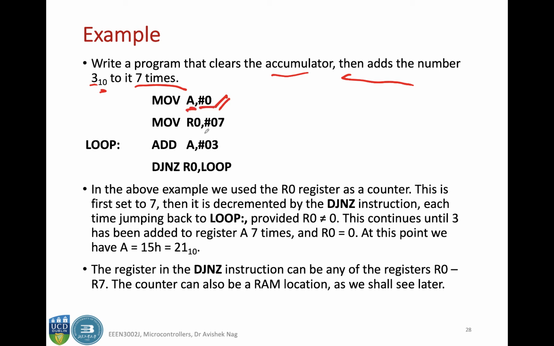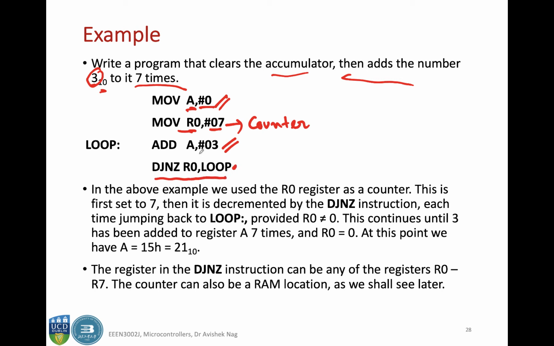And then you move the number 7 to R0 because this is the counter. This many times you have to repeat the addition operation. Now you are adding this number to A, and this is one time. And then you use DJNZ R0 followed by this label.